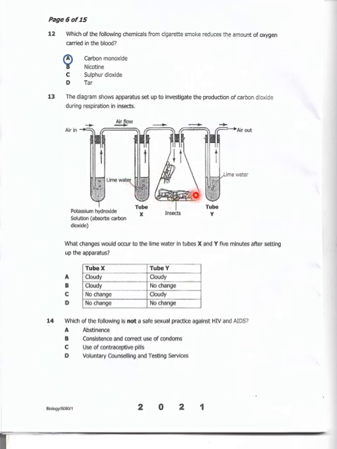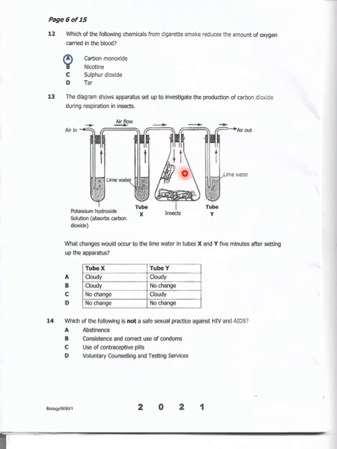Then we have these grasshoppers or insects in this test tube. So when the insects breathe in the oxygen, they will breathe out carbon dioxide. They'll use the oxygen for respiration, and they'll breathe out carbon dioxide.